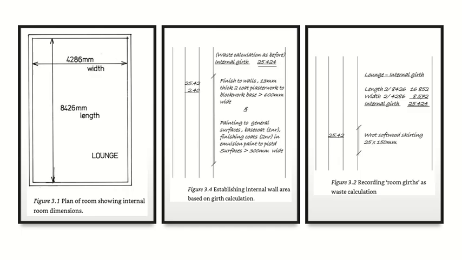So the only thing I need is the length. And what is my length? The girth. Once you calculate the girth, the length of the skirting required is equal to the length of the girth. So this is your waste calculation, and this is your dimension.